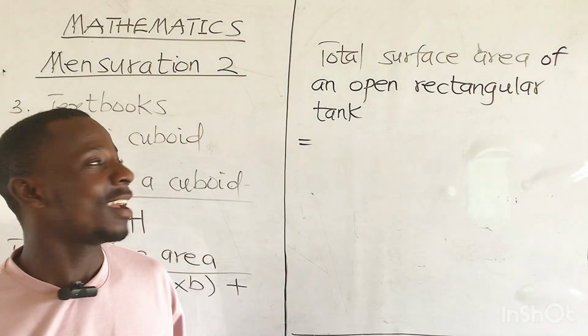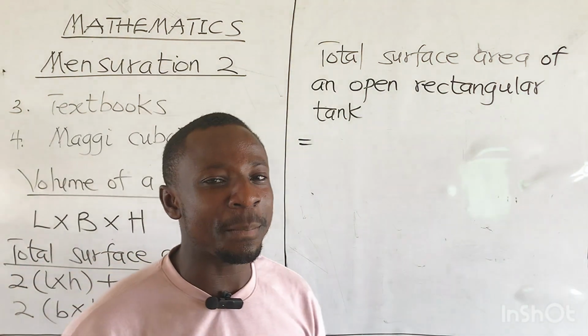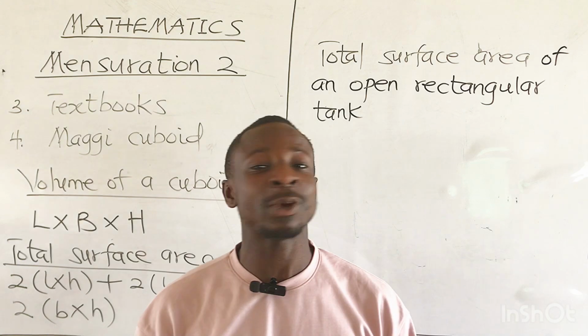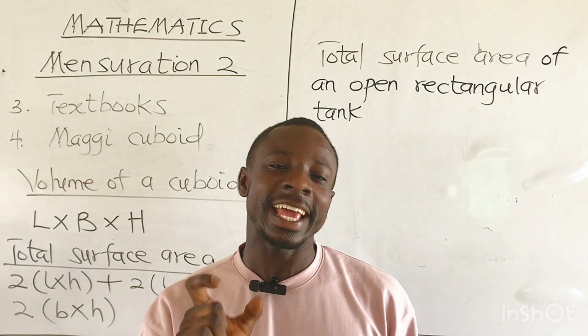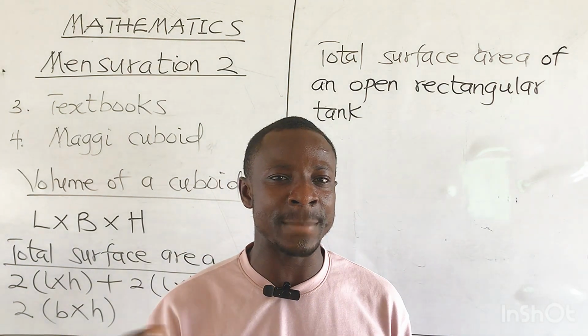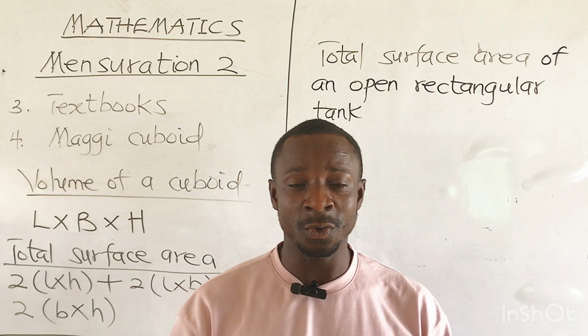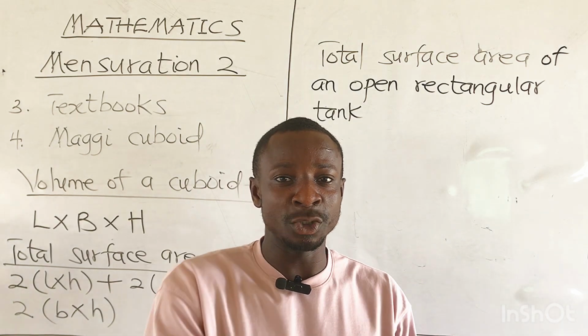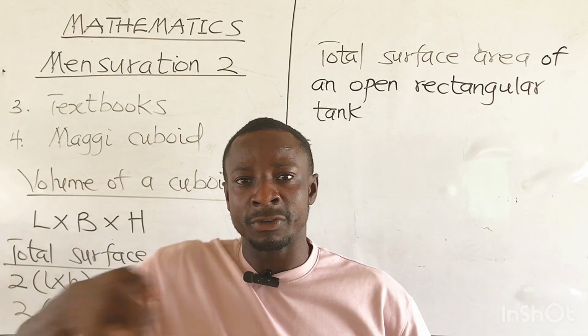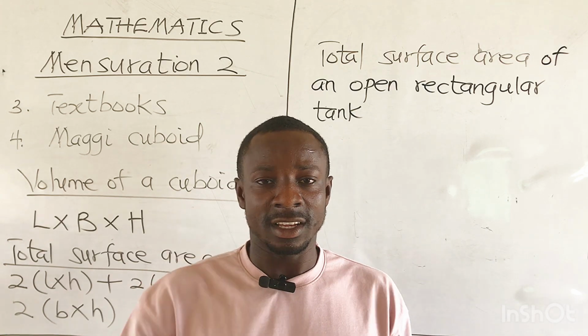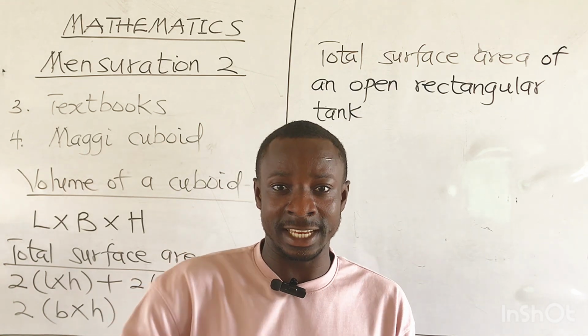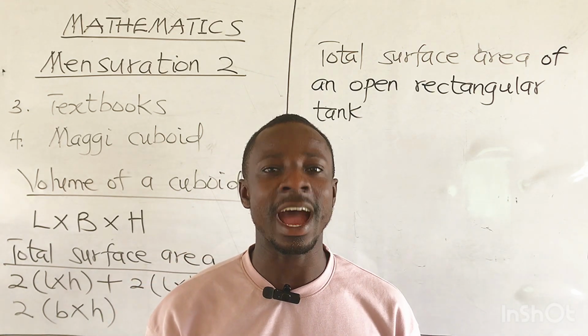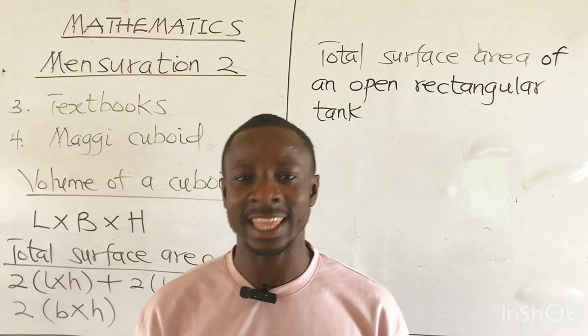Now, viewers, an example of an open rectangular tank that we are very familiar with is the paper we have within a matches box. When you have a matches box and you pull out the paper from the box where we have the matches sticks in it, that is an example of an open rectangular tank.